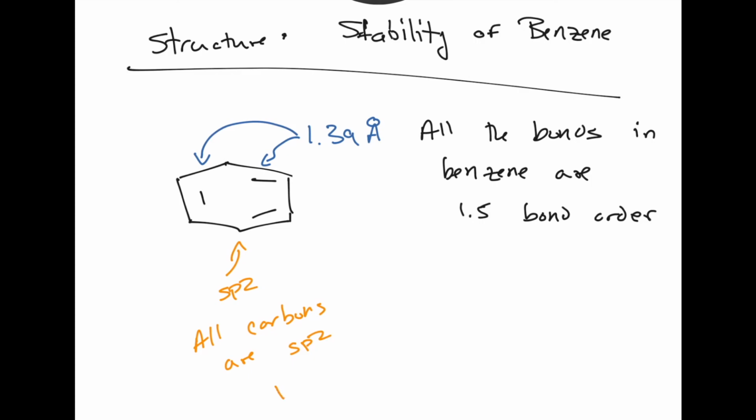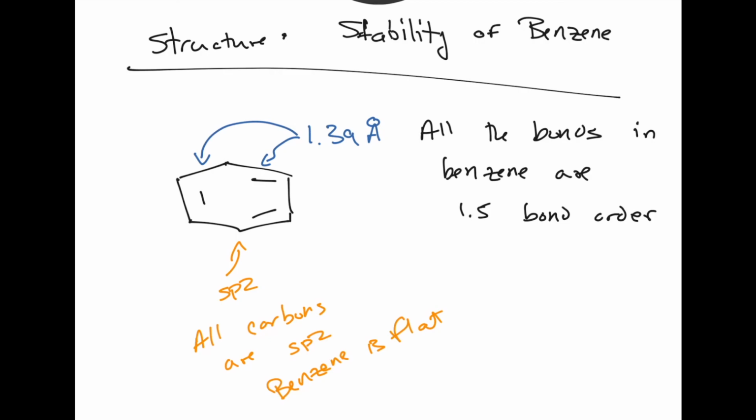This means that benzene is flat. The benzene ring sits perfectly flat in the plane of your paper or screen or whatever you're looking at this on, your phone, whatever. It is 100% flat in the plane.